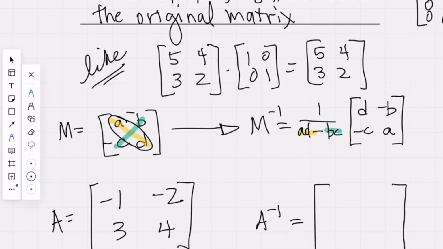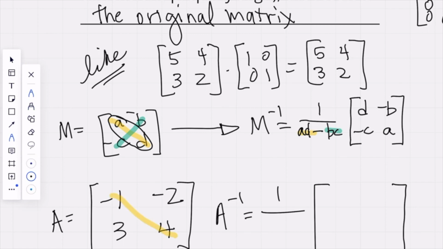Let's try one. Let's say that we've got this matrix A, -1, -2, +3, +4. And we're going to find this 1 over, okay? And so A times D, this is going to be -1 times -4. We're going to take this right here.